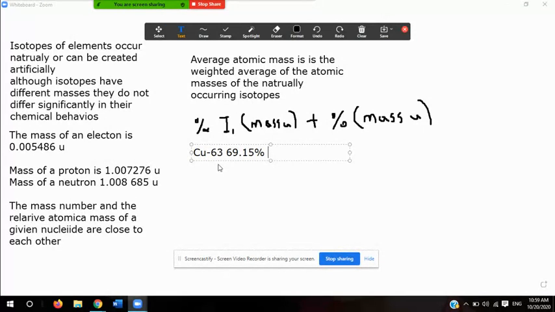It has a mass of 62.929601 unified atomic mass.